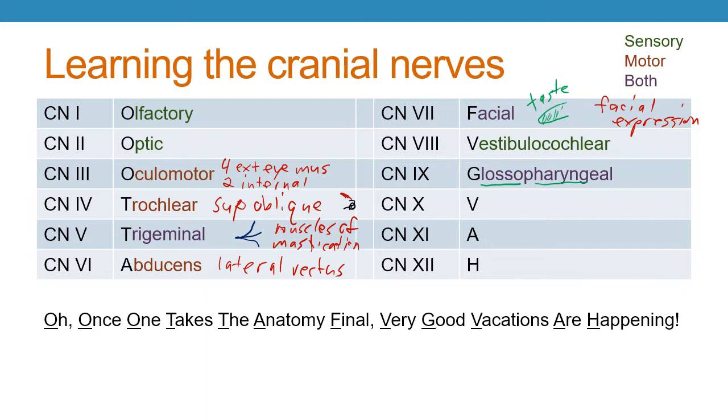Most of your swallowing and speech muscles are provided by cranial nerve 10, the vagus nerve. But the name of the vagus nerve comes from the fact that it has an odd little property. It leaves the head, leaves the cranium, and wanders through the organs of the thoracic and abdominal cavity.